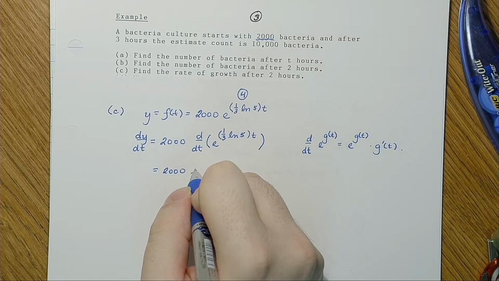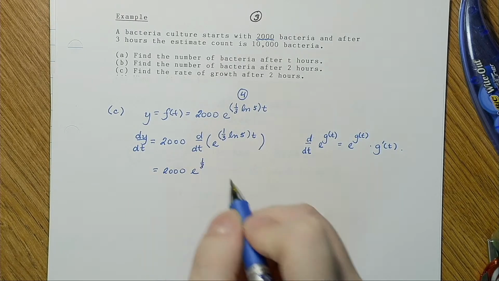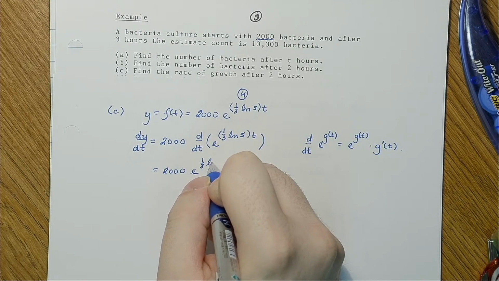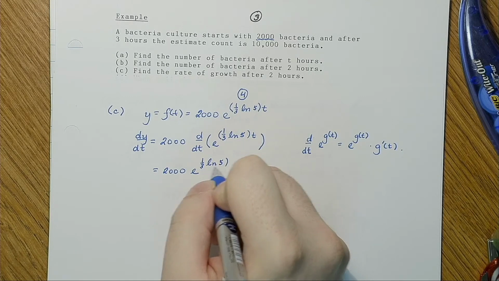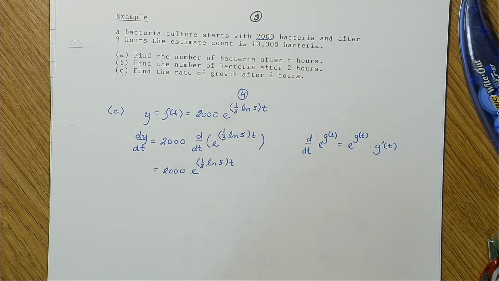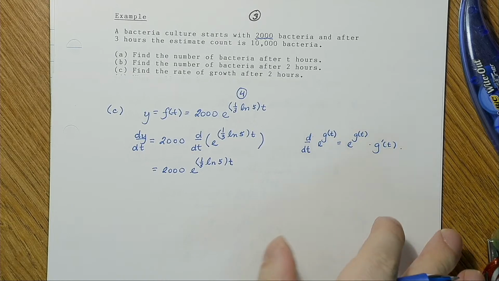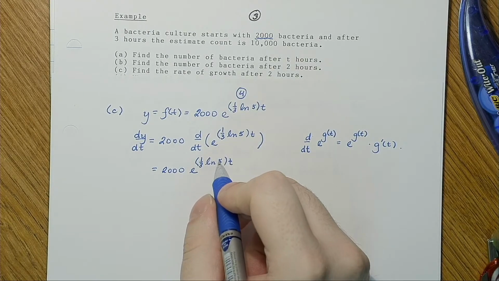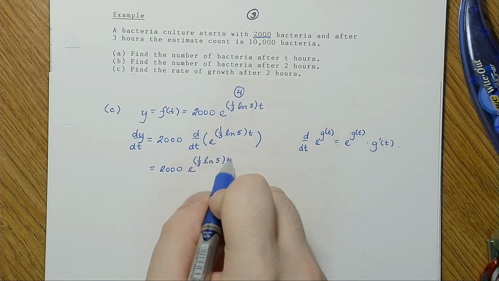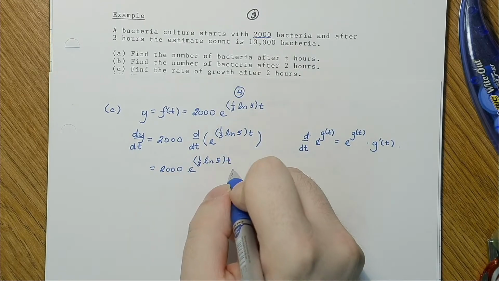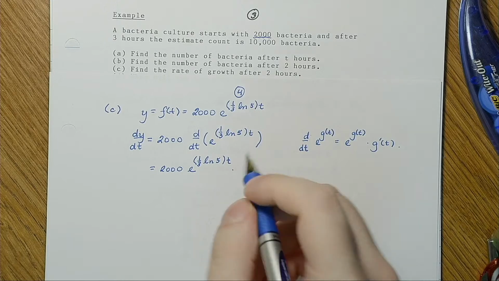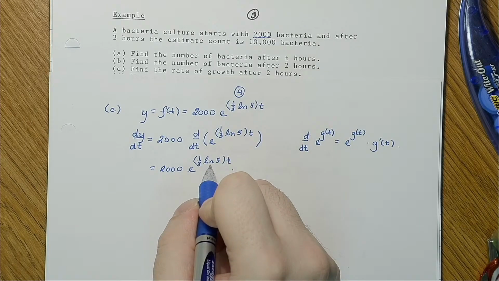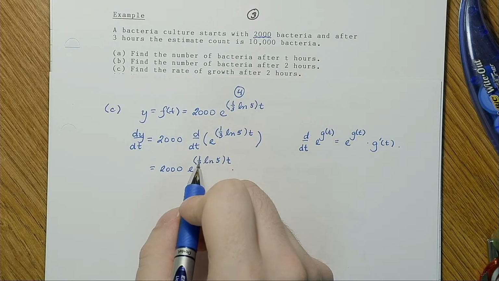So e to the 1/3 ln 5 times t. And then I need to take the derivative of the inside of the function, the g, times. So 1/3 ln 5 is a constant.